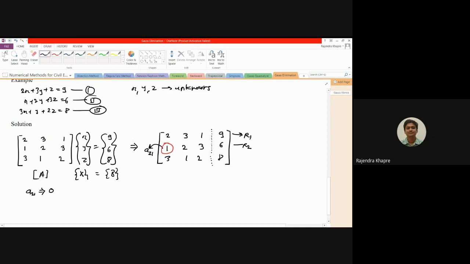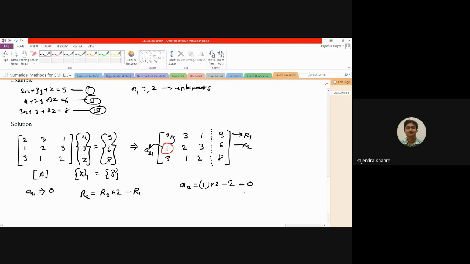If I want to convert A21 to 0, then row 2 will be equal to row 2 multiplied by 2 minus row 1. Why am I multiplying by 2? Because the value over here is 2. So what will happen to A21? It will be 1 multiplied by 2 minus row 1, and since row 1 is over here, this is going to become 0.